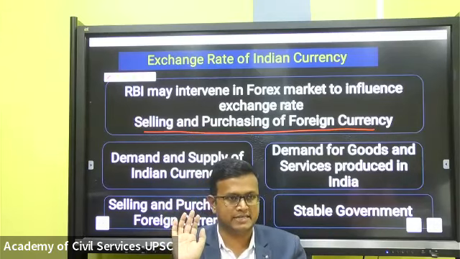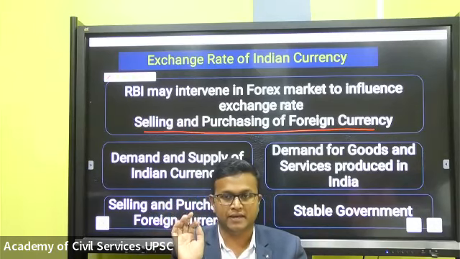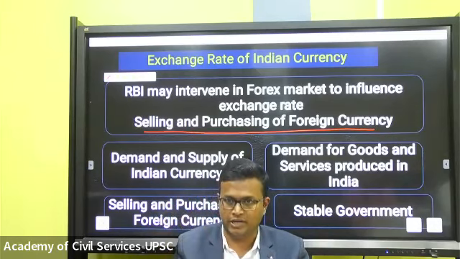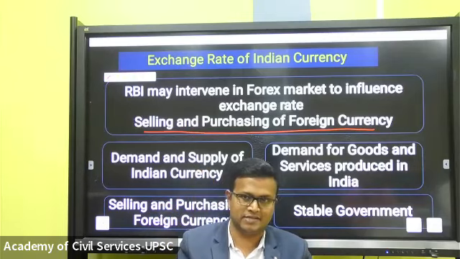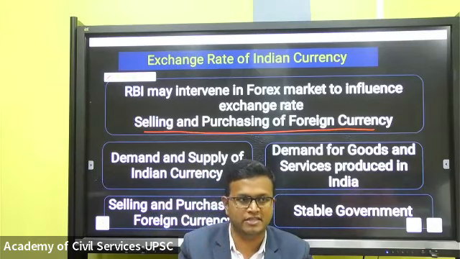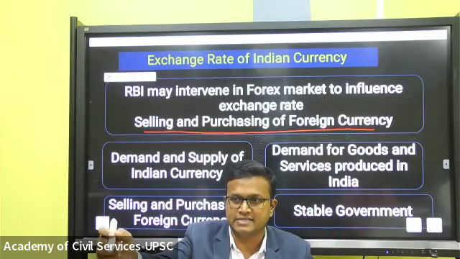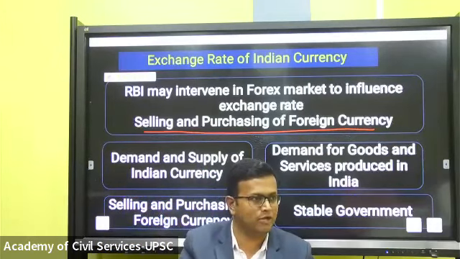Now, what RBI does is that, for example, today, when RBI looked into the market, Indian currency's value is going down. RBI wants to appreciate Indian currency. For increasing the value of Indian currency, the Indian currency supply should be reduced. Then demand will increase, and Indian currency's value will increase.